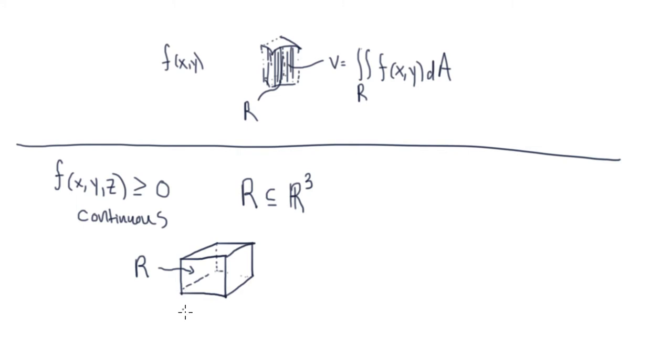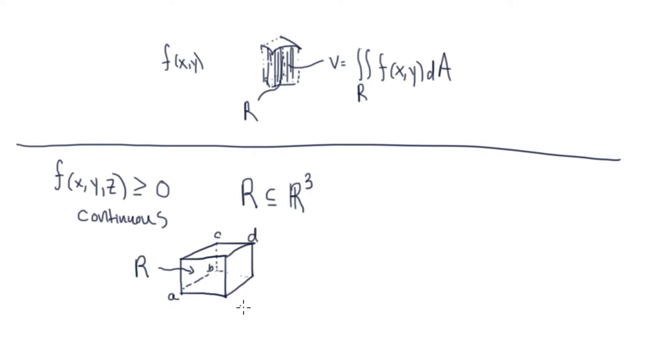So maybe the x coordinates here can go from, say, a to b. The y coordinates can go from, say, c to d.